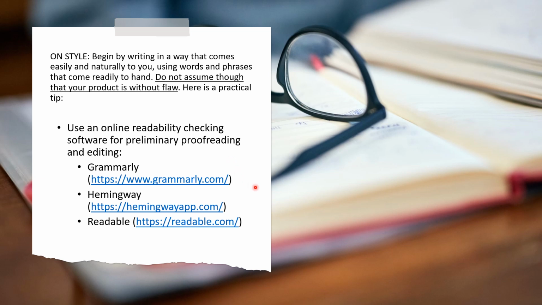So here are examples of free online readability softwares or websites. We have Grammarly, Hemingway, and Readable. They are all still available online, and you may use them for the preliminary proofreading and editing of your written work.